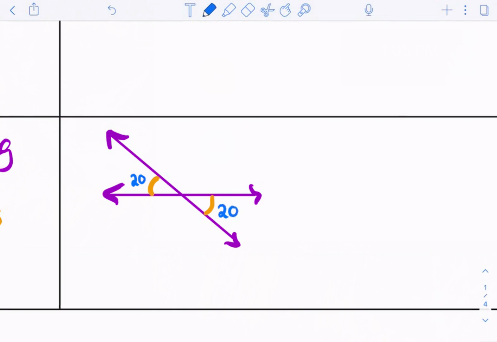And then, lo and behold, if you really think about the rest of this, actually maybe I'll choose a different color. Look here, I have 180. So since I have 180 here, I can tell myself that this other angle right here, since this is a straight line and this is already 20, that means the remaining amount is 160.